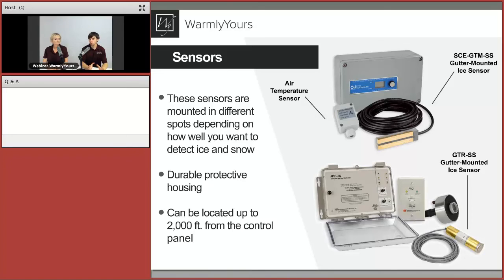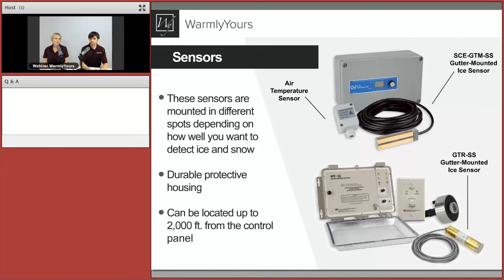What you want is for the sensor to detect those first early conditions of snow or ice happening in the gutter, so it can get ahead of it and turn on the system right when it's starting. The last thing you want is a sensor sitting in a spot that is already partially melted by sun, on the south side, while your north side is already getting snow.